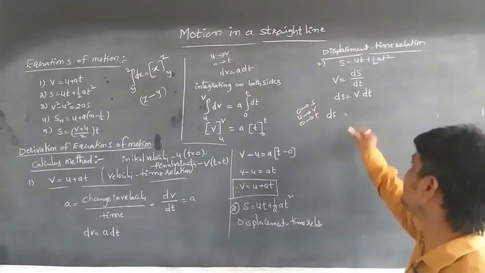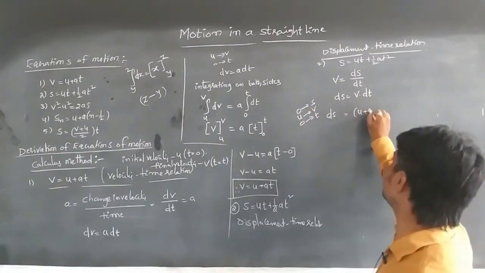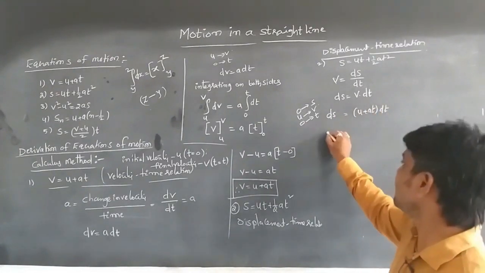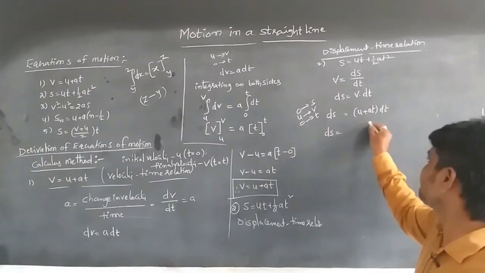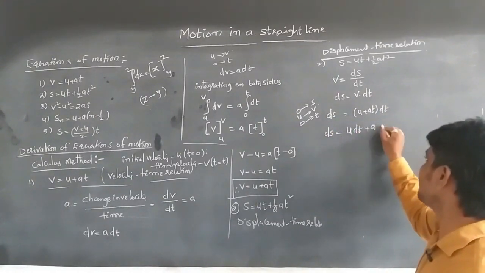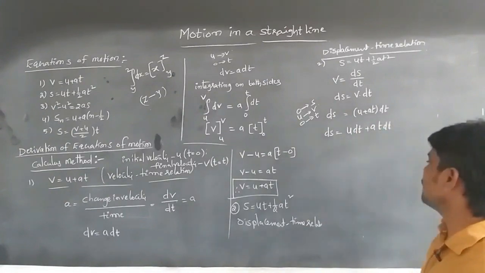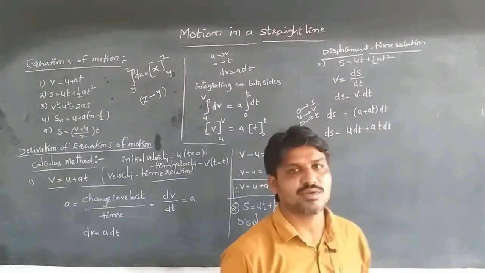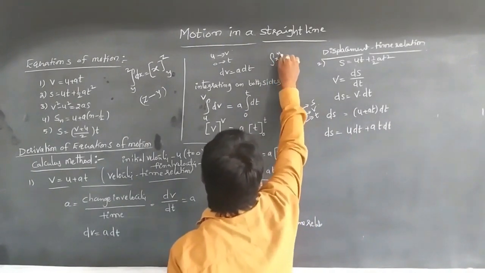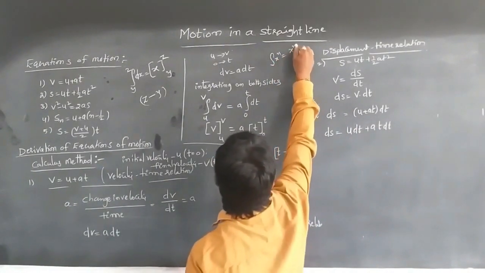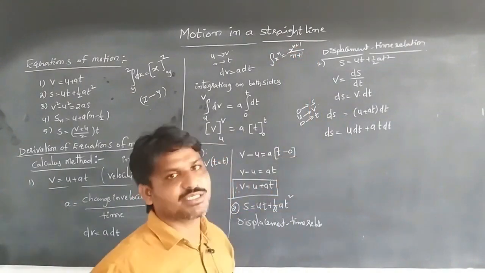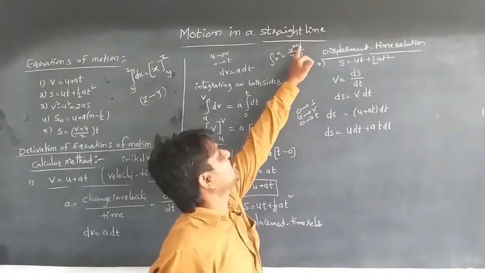So we are writing that ds is equal to u plus at into dt. Multiplying dt inside, we get ds is equal to u into dt plus a into t dt. Another mathematical formula is that the integral of x power n is equal to x power n plus 1 by n plus 1.